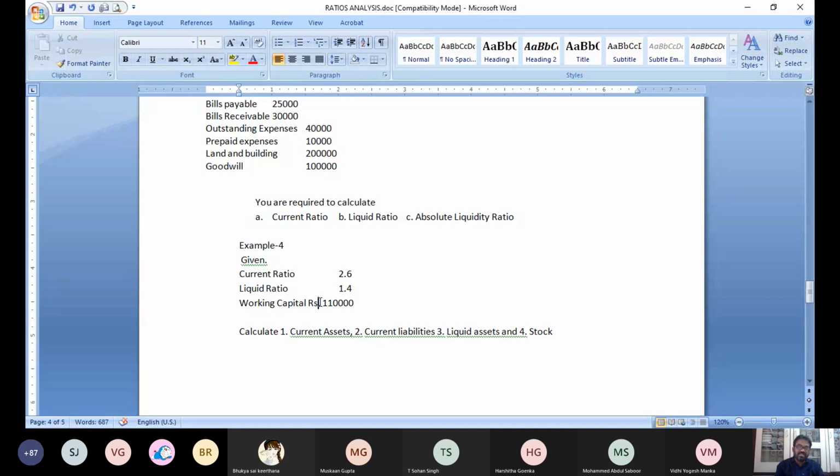Working capital is equal to, what is the formula?